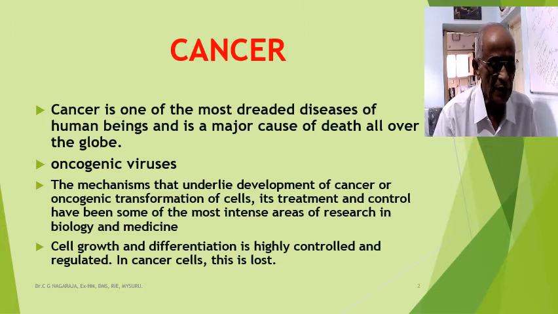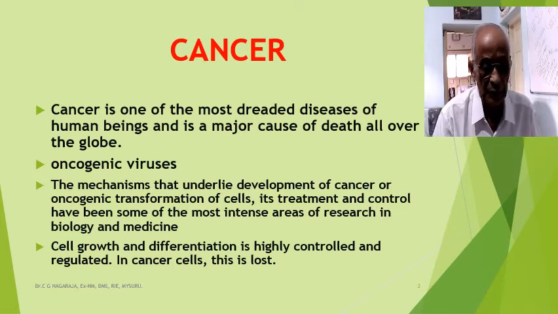Now, cancer is not only caused by our own body, but also by some viruses called oncogenic viruses. There are quite a number of them, oncogenic viruses. At least 7 of them are well known to human beings. Maybe we will talk about this a little later on.